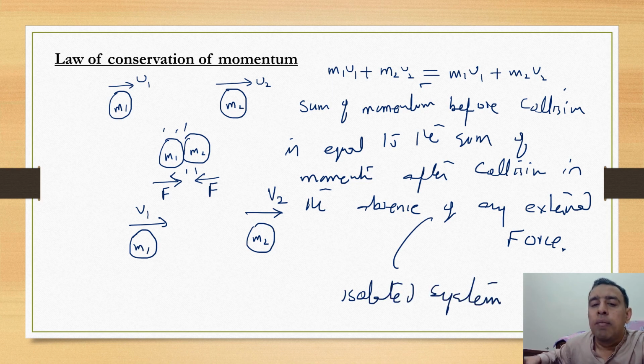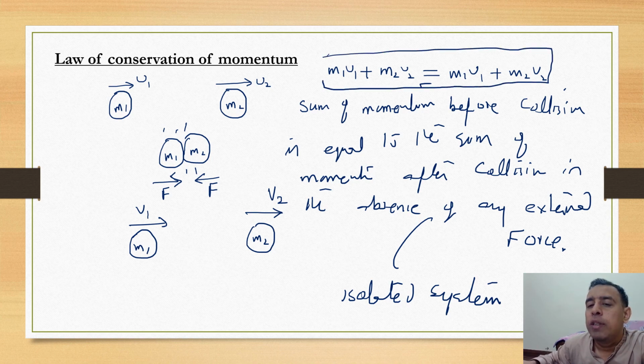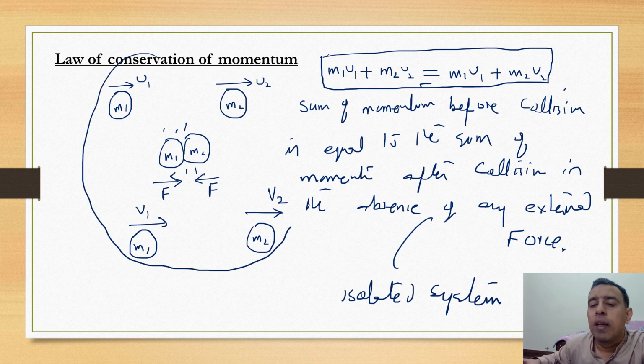It means momentum conservation is valid if we have an isolated system. So to solve the problems you must memorize this equation with this standard diagram. If one of the directions is going to reverse, then you have to put a negative sign over there.